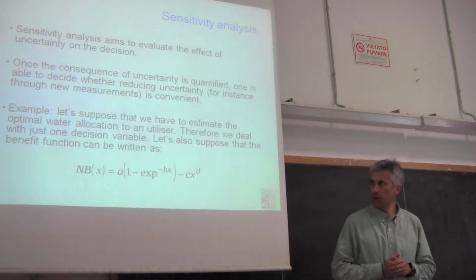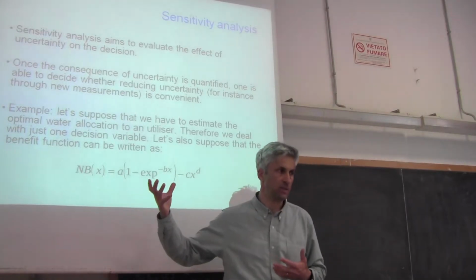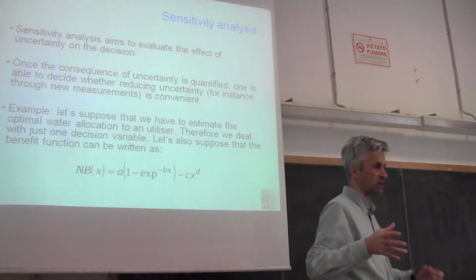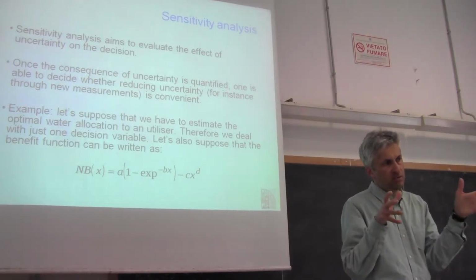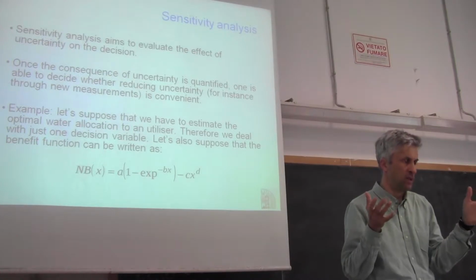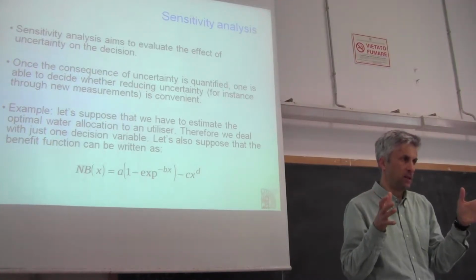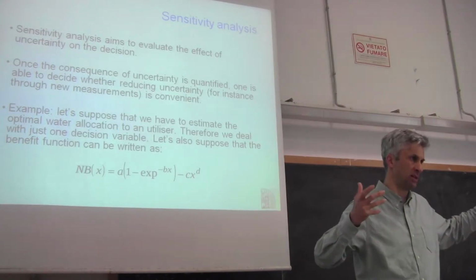I said that one possibility is to take, let's say, a best estimate for the parameters, which may be the average, and then see what happens if we perturb them, if we change them.